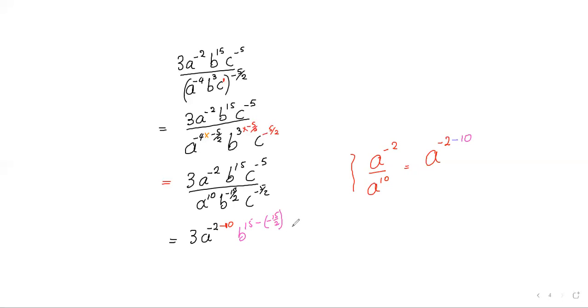And then for c, negative 5 minus negative 5 over 2. Don't forget that we subtract the exponents.